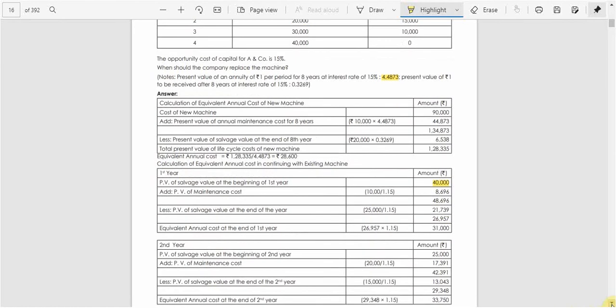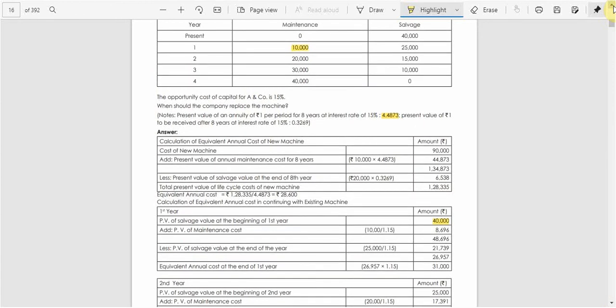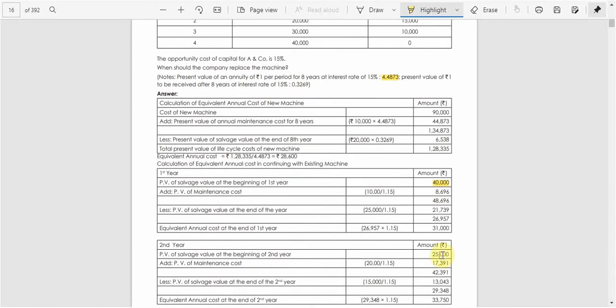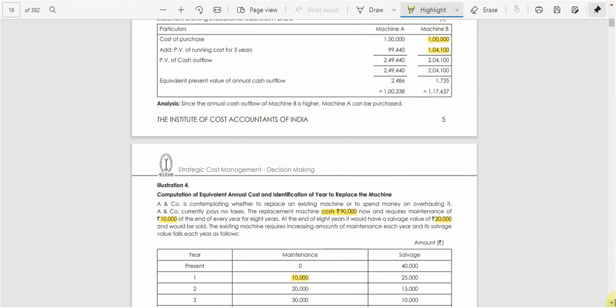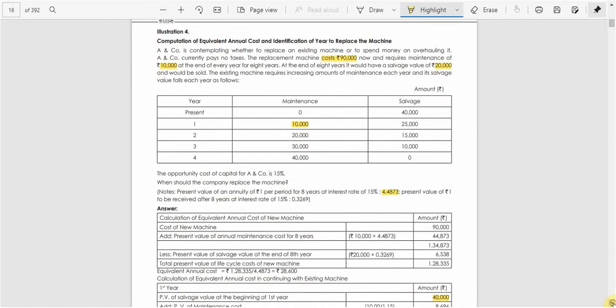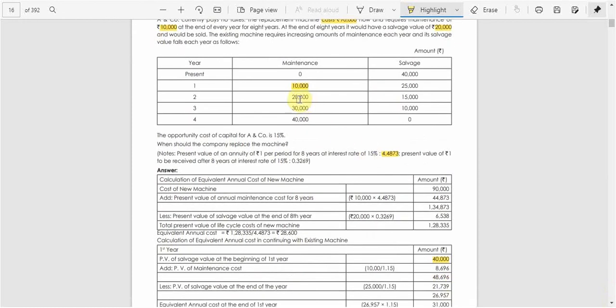Similarly, we need to calculate the second year. The salvage value at the end of the first year is 25,000, right? So it will become the initial value for the second year. The beginning value is 25,000 for the second year. Similarly we calculate the maintenance cost, which is given as 20,000 for the second year.